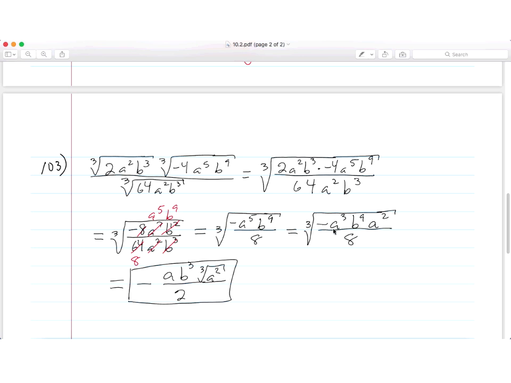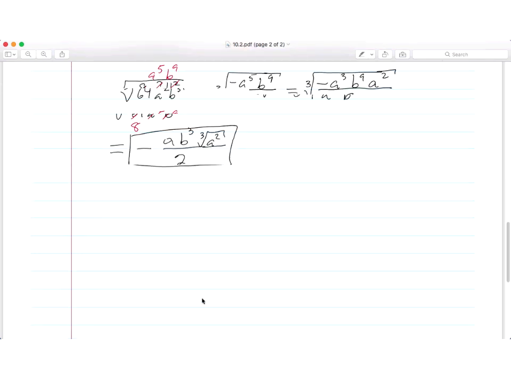The cube root of negative a cubed is negative a. The cube root of b to the 9 is b to the 3rd. The cube root of 8 is 2. Therefore, this is equal to negative a b cubed times the cube root of a squared over 2. And that's your answer.